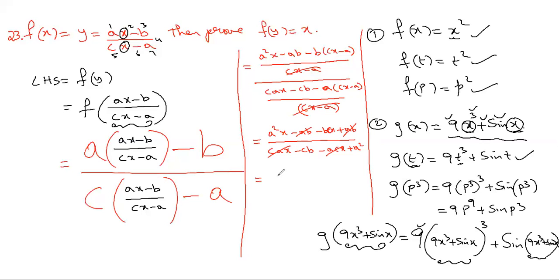Now what remains in the numerator? A square x minus bcx. Denominator, what do you remain with? A square minus bc. If you take x common in the numerator, a square minus bc, and the denominator also a square minus bc, these two get cancelled and you remain with x.